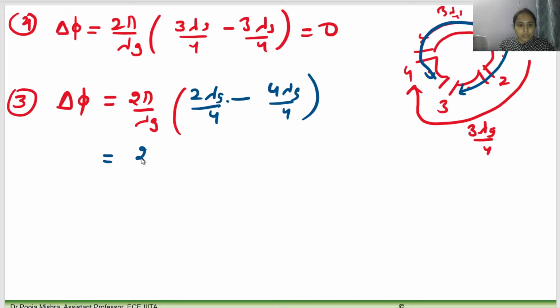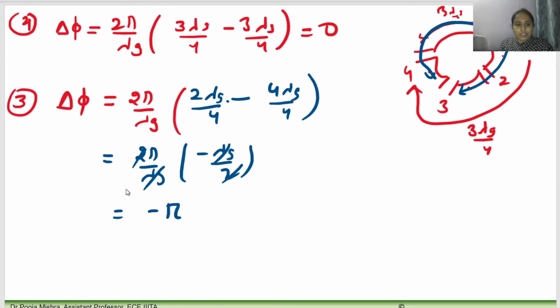So this is equal to 2 pi by lambda g into minus lambda g by 2, which gives minus pi. So the phase difference for the waves traveling in clockwise and anti-clockwise directions at port 3 is pi.